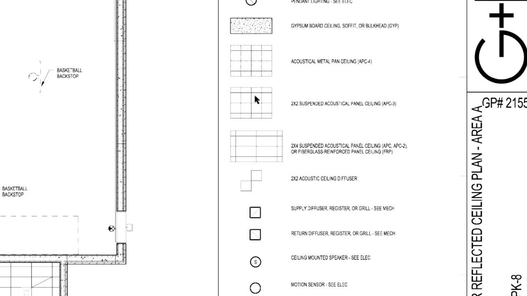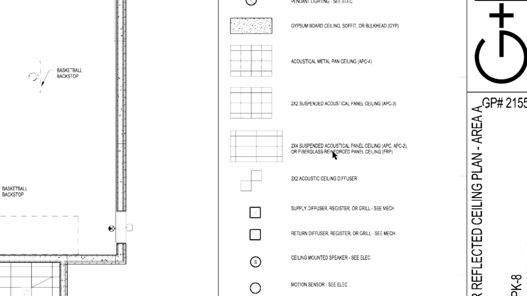And then you've got your 2x2, 24-inch by 24-inch suspended acoustical ceiling panels, and it shows you there, APC-3 is what you'll see, and also APC, acoustical panel ceiling, and APC2, or fiberglass reinforced ceiling panels, FRP.